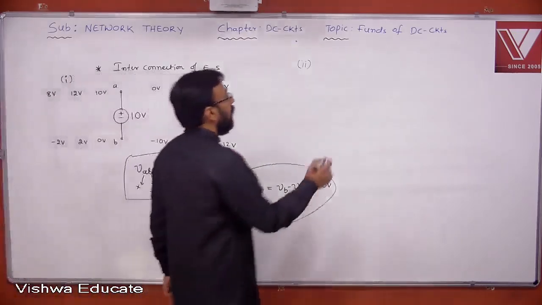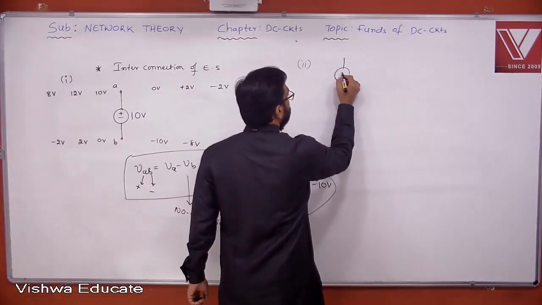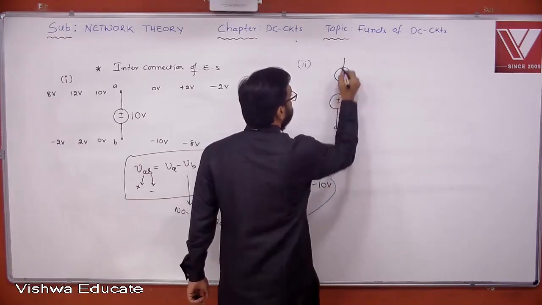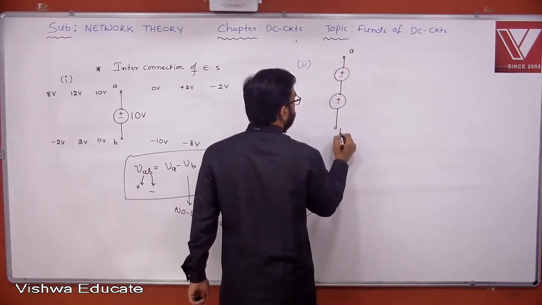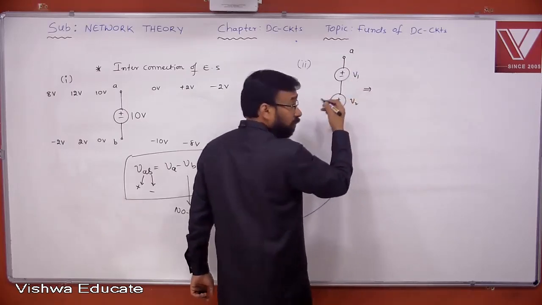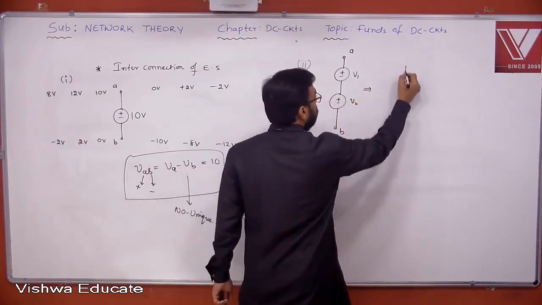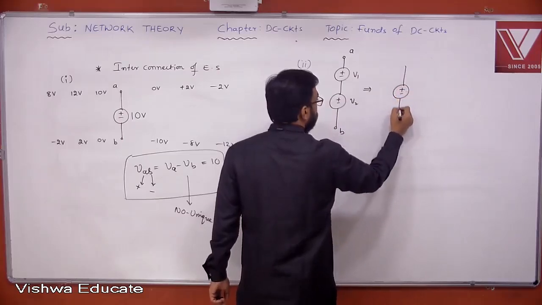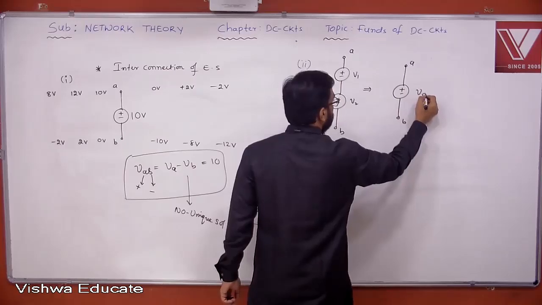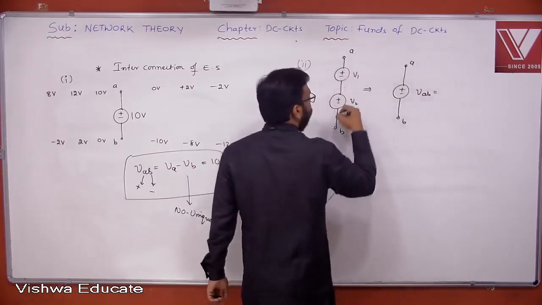Now, let us look at the series combination of voltage sources. You already know it. Please write along with me. I can say the voltage is VAB, potential difference VAB.